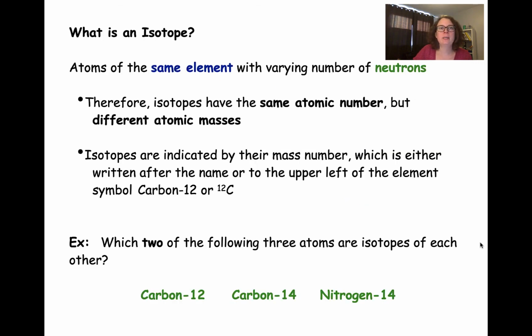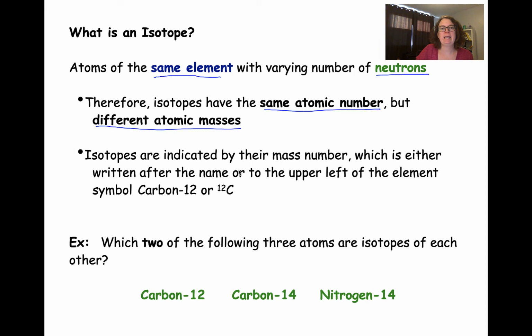So an isotope is a special kind of atom, and these are atoms of the same element that have varying numbers of neutrons. Right, so remember, the same element means we have the same number of protons, or the same atomic number, but we'll have different atomic masses, due to the different number of neutrons.